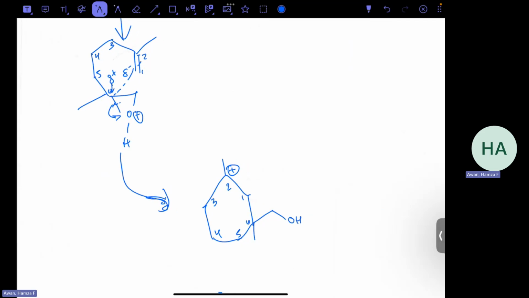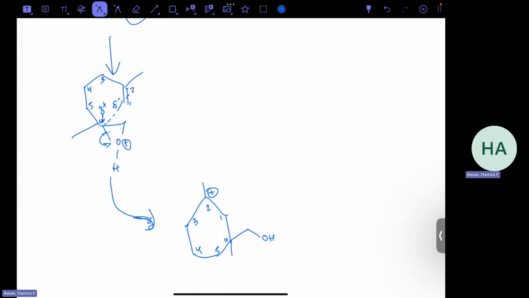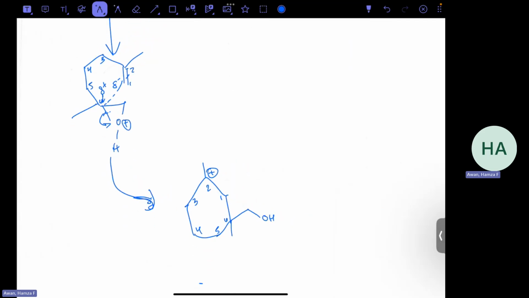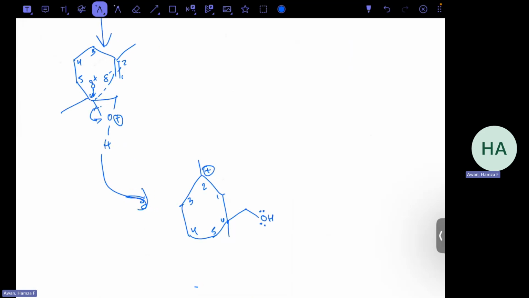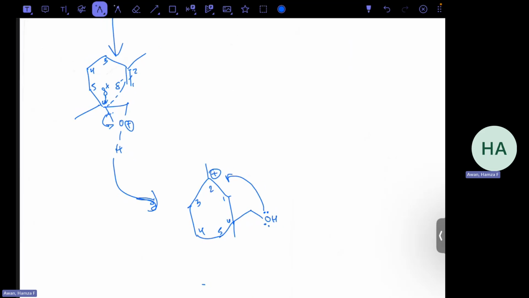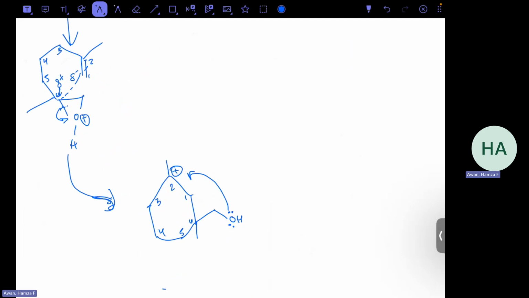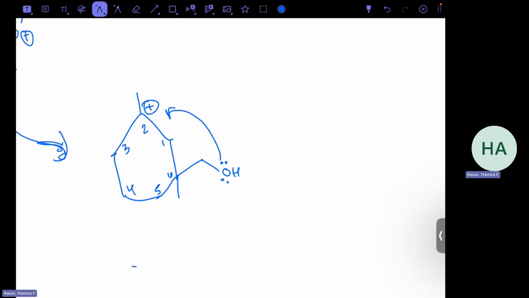And so now we have the steps to get our second ring closing, right? So we have this oxygen with lone pairs that loves to attack positive charges. So let's let it. It's going to go and attack that positive charge, right? And so whenever we do that, we create a ring as well.